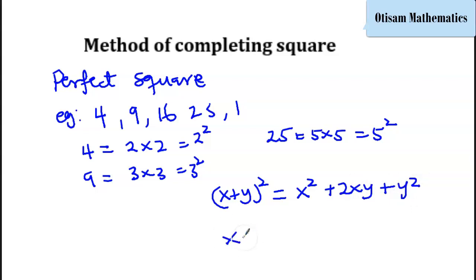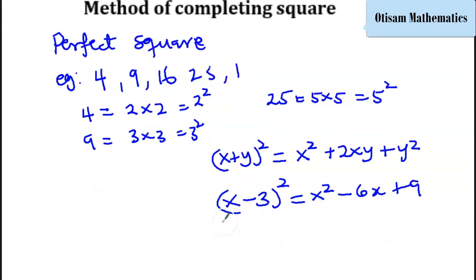You can talk of x minus 3 all squared. When you expand this, you have x squared minus 6x plus 9. Now, if you have this expression, you can easily identify that it is a perfect square. But when it is in expanded form like this, how do we know that this is a perfect square?